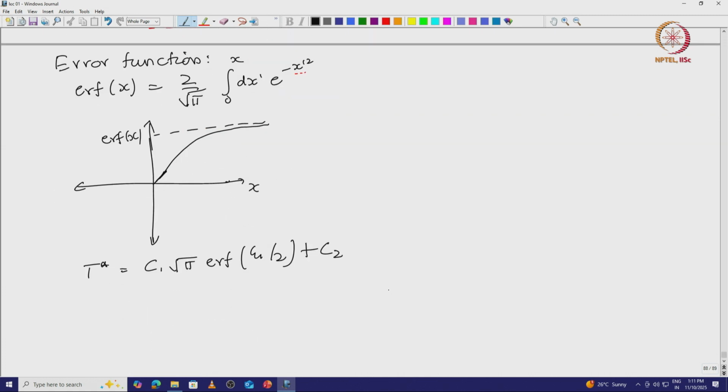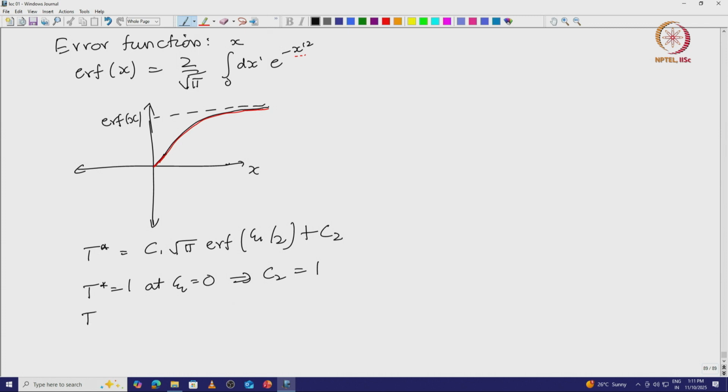At psi is equal to 0, the error function is equal to 0. Therefore, you require that T star is equal to 1 at psi equal to 0, which implies that C2 is equal to 1.